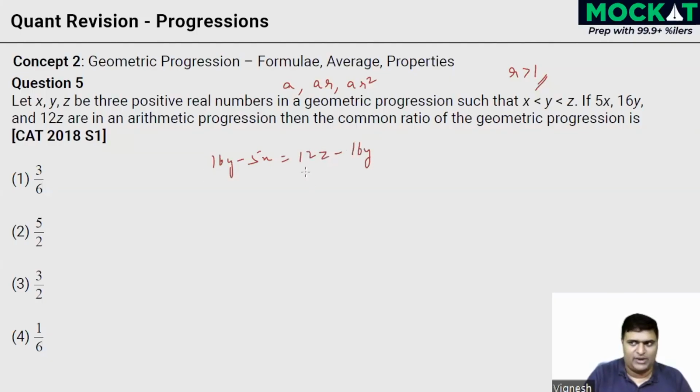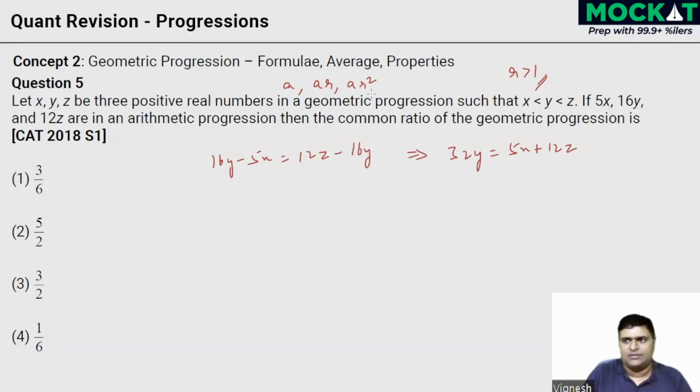That's one way to write it. Or, those of you who know it, 2 times the middle term, 32y, equals the sum of the other 2 terms, 5x plus 12z. The sum of the first and last terms equals 2 times the middle term when you have 3 terms in an AP. But essentially, both of these are the same. Bring the 16y here, it becomes 32y, take the 5x there, it becomes 5x plus 12z.